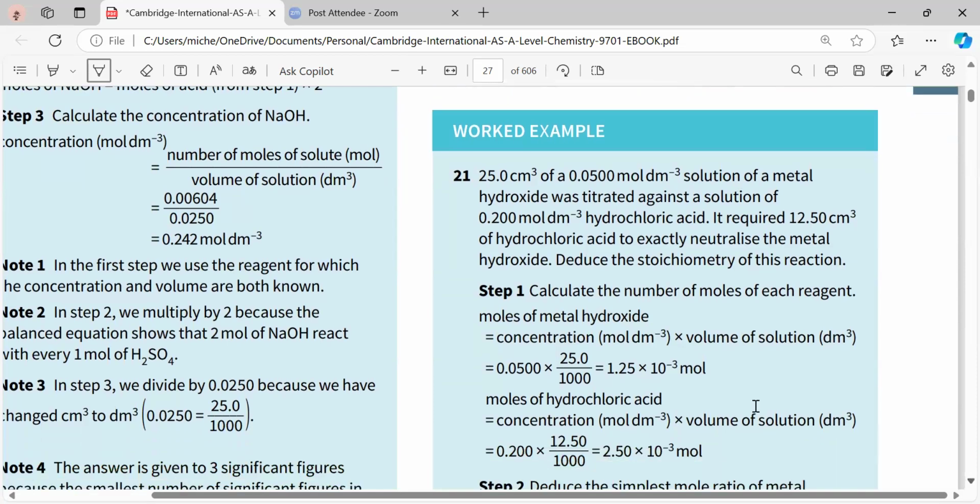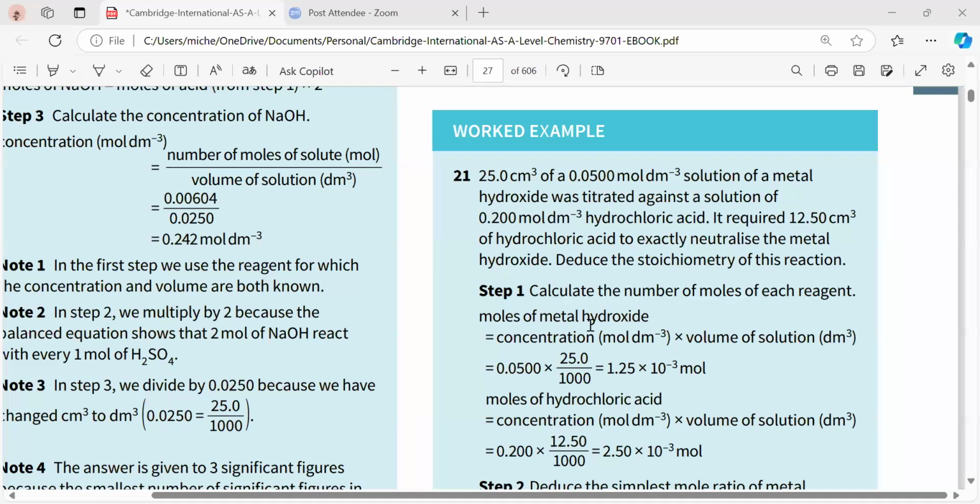Okay, so we have the first step right here. We need to calculate the number of moles of each reagent, starting with the moles of metal hydroxide. We have two reagents here, the metal hydroxide and the hydrochloric acid.